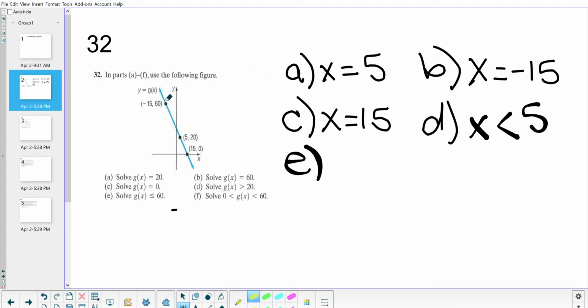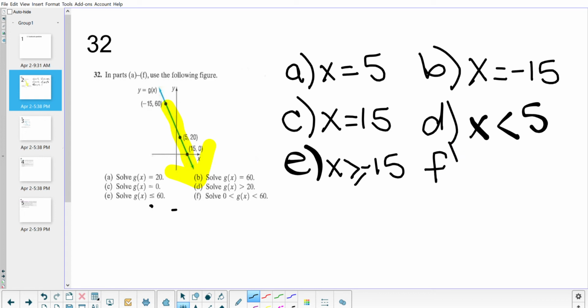Here is the y value 60, and here are all the y values that are less than 60. So when it comes to writing my answer, I want the x values that are greater than negative 15. But since it included the y value 60, I get to include the x value negative 15.